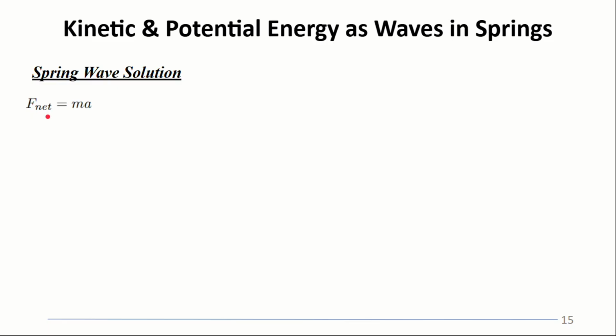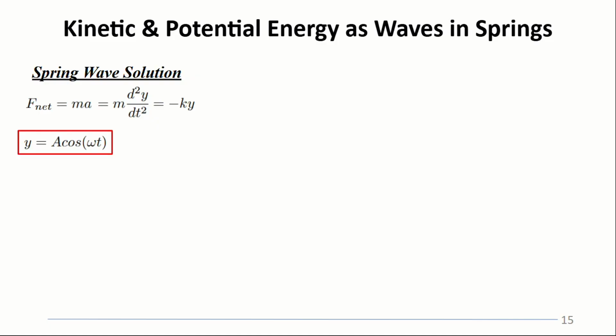If we consider the net force, which of course by Newton's second law is going to be mass times acceleration, we know that we can write that as mass times the second derivative of y with respect to time. And from our information from the previous slide and our derivation, we can see that the net force will be negative ky for this mass spring system.